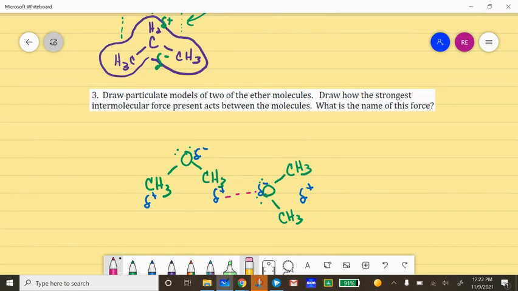The difference here is that this is a permanent dipole. This is not something that just happens because there's a shift in electrons. Dipole-dipole is when there's a permanent partial positive and a permanent partial negative end. So I think that's a good picture. You could draw that a couple different ways. That's it.